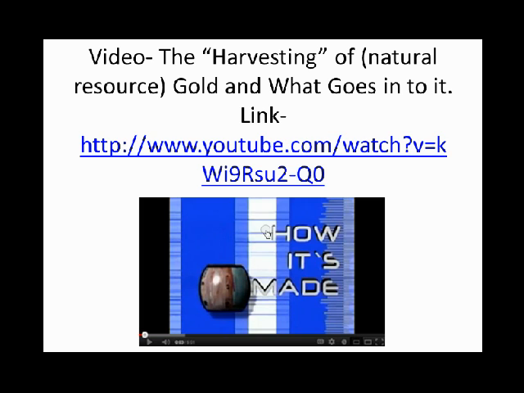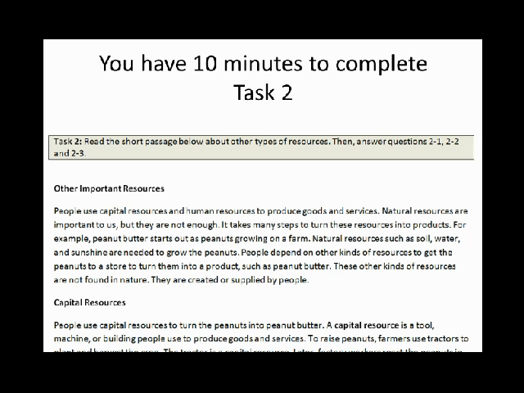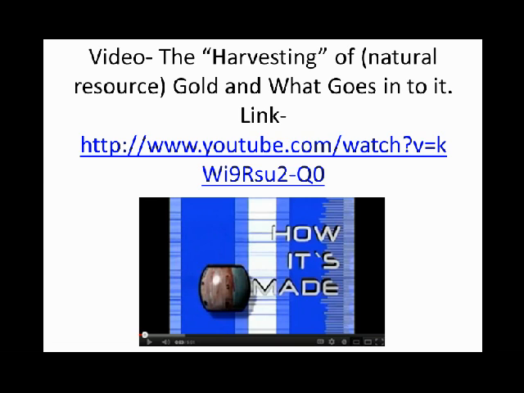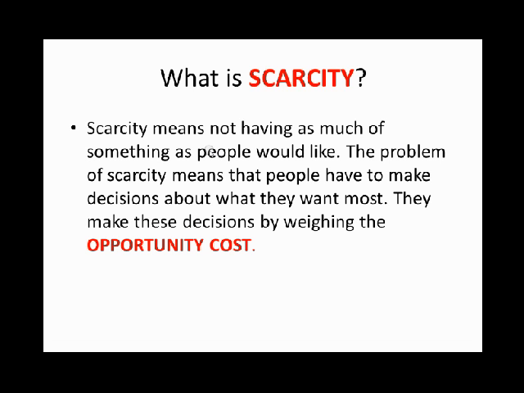It takes a lot of machinery, and it's kind of all of these resources in one. So not only the natural resources, but also the capital resources and human resources. So it's a combination of the three. And after you watch the video, make sure that you answer these questions on the sheet.